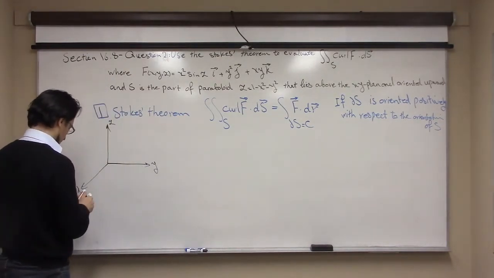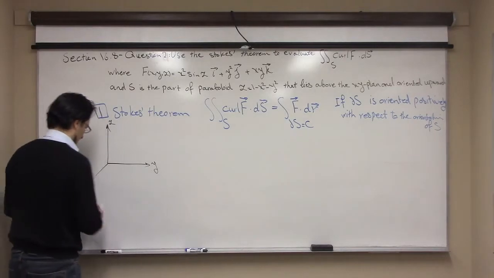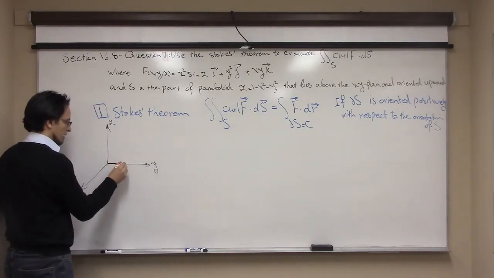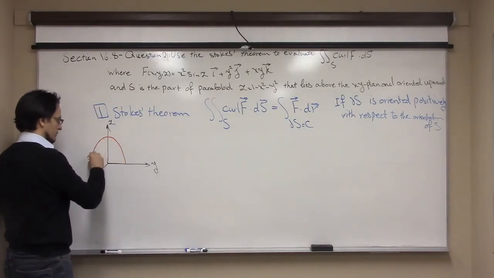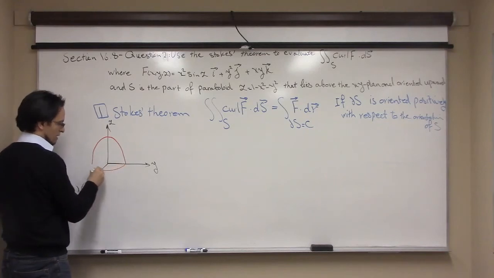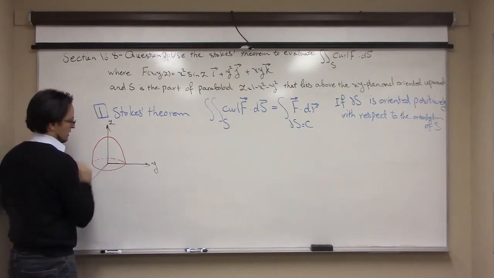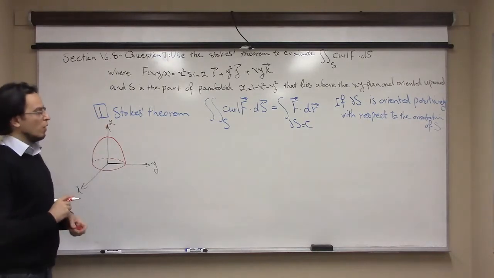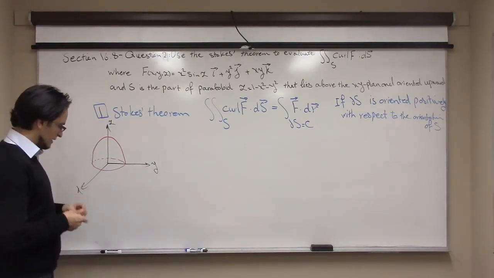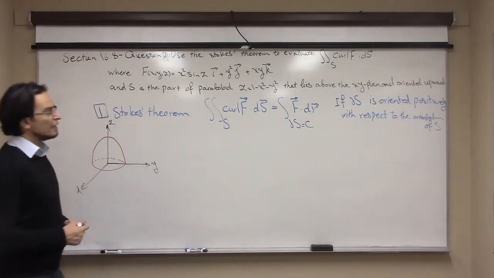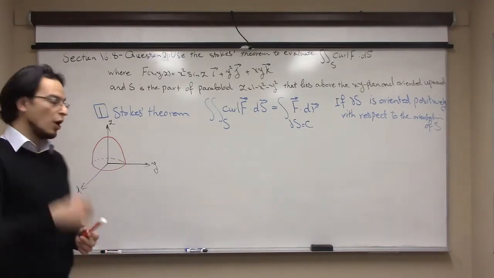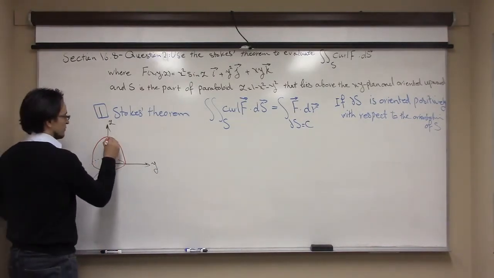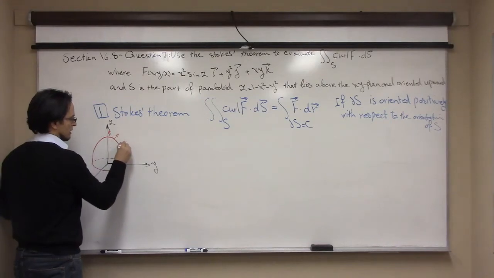Okay, I draw this in red. So a paraboloid of that form would be upside down first, and it will be up by 1. Okay, that's the paraboloid, that's the surface. And then it says the orientation is upward. Orientation is upward means at each point it is like that.